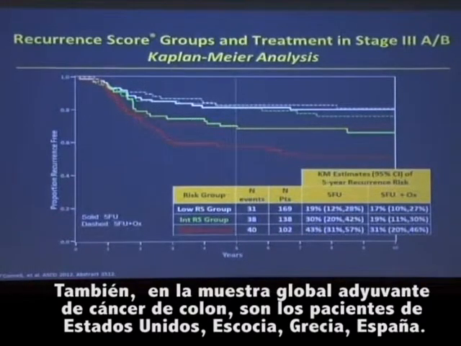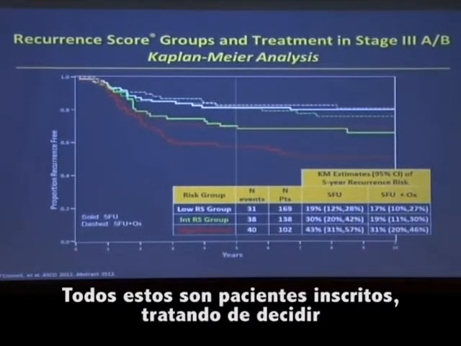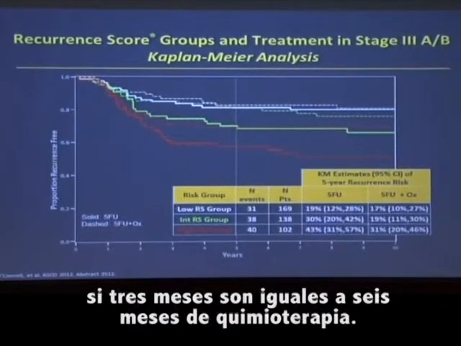Also, in the global colon cancer adjuvant trial, okay, the global colon cancer adjuvant trial is patients from the US, Scotland, Greece, Spain, okay? I think they're all enrolling patients trying to decide whether 3 months is equal to 6 months of chemotherapy, okay?